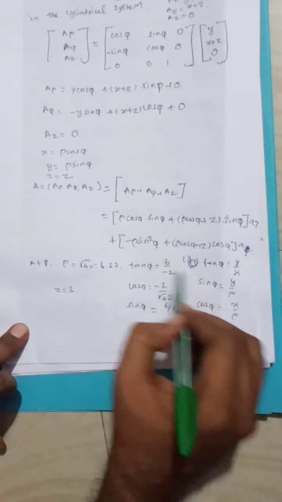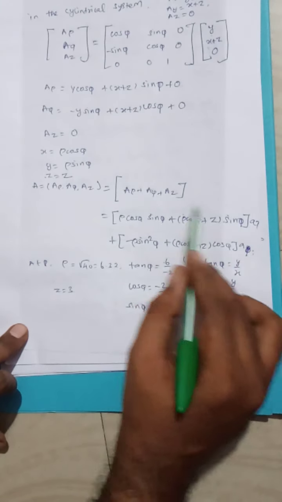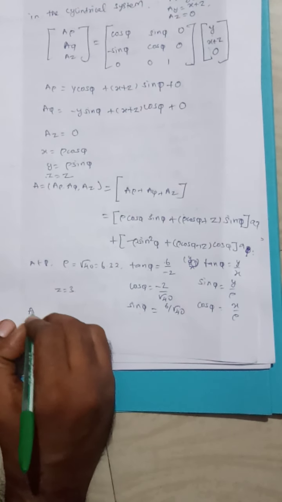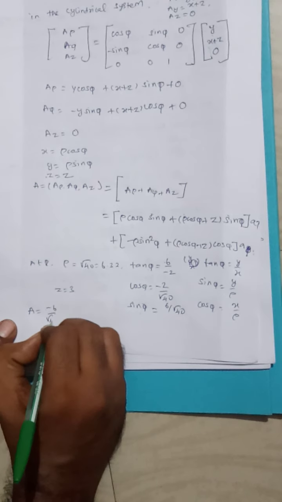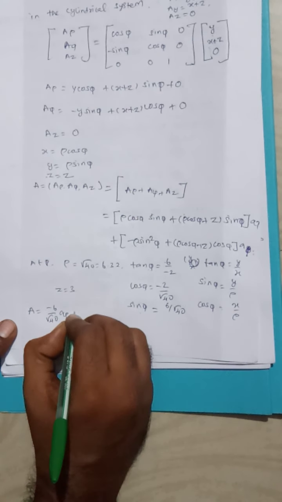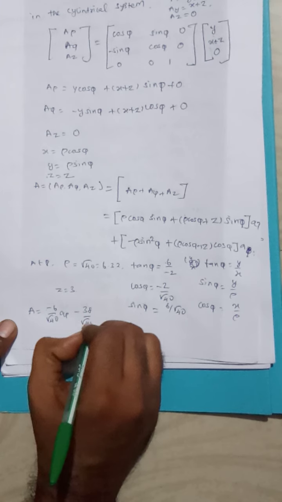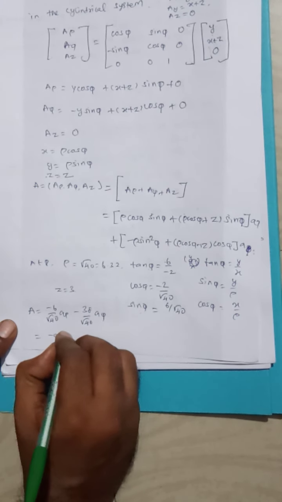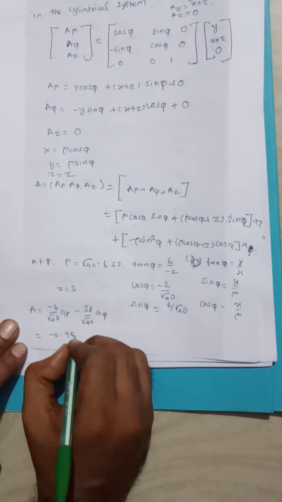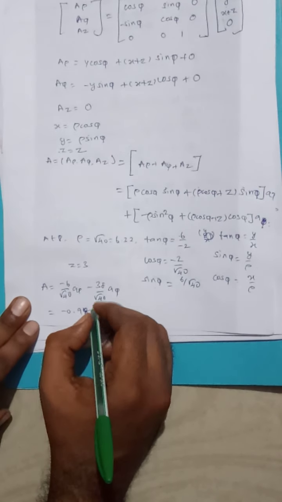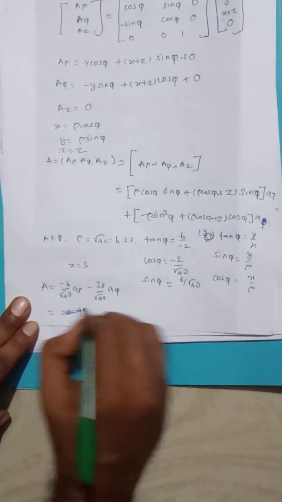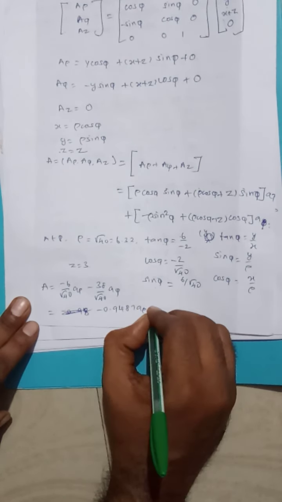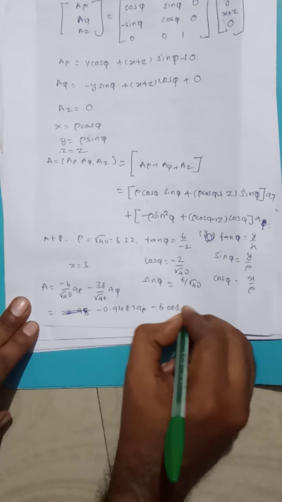So after substituting I will be getting the A value as minus 6 by root 40 a rho minus 38 by root 40 a phi, which in terms of decimals you can write as minus 0.9487 a rho minus 6.008 a phi.